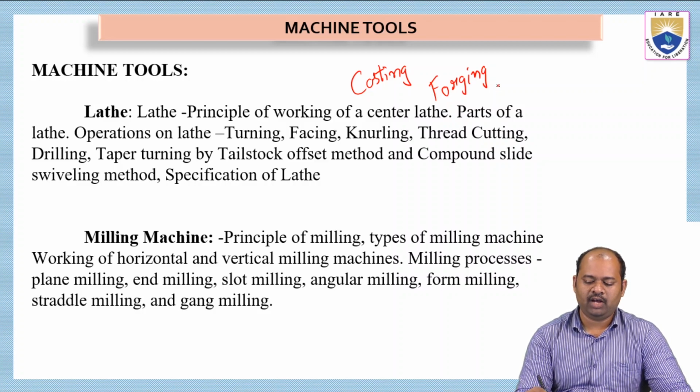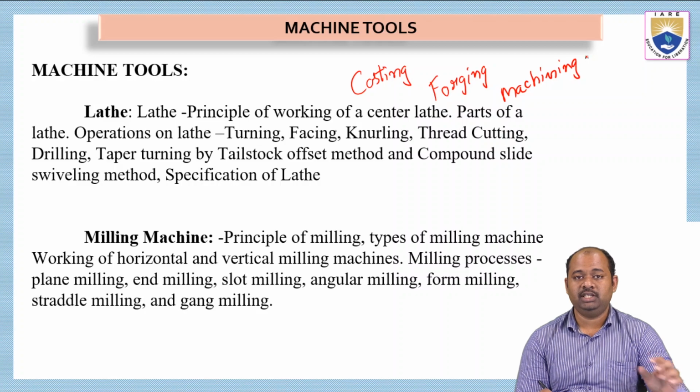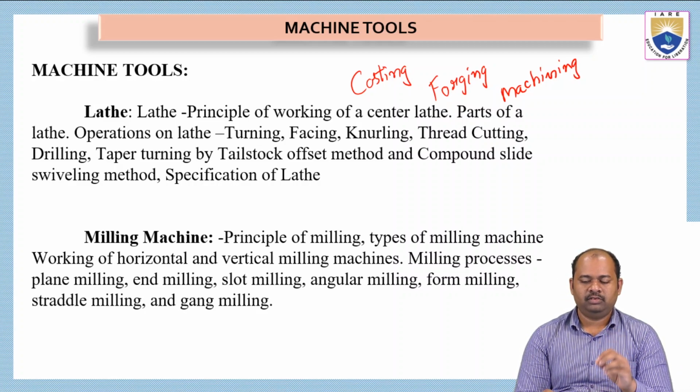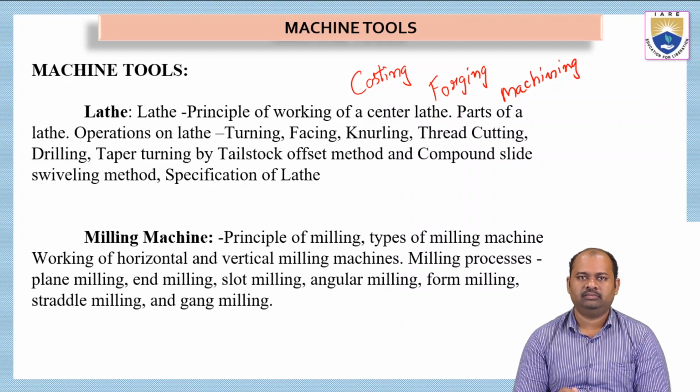And then we have the machining process. What do we do in the machining process? In machining processes, we turn or change the dimensions by removing the extra material, by chipping or by filing.